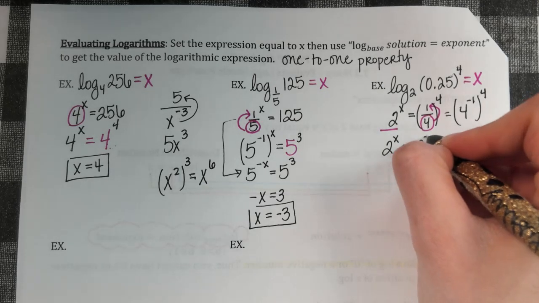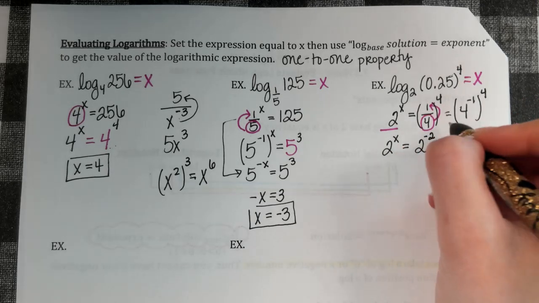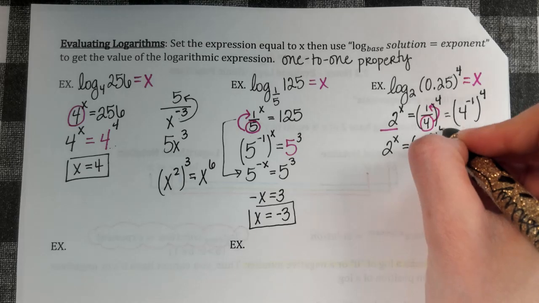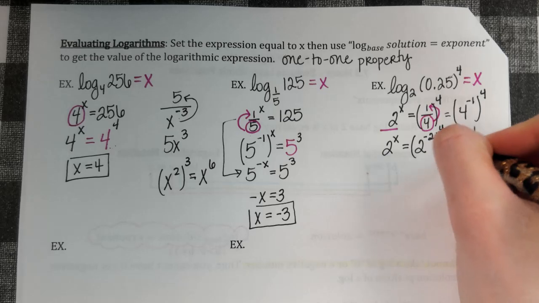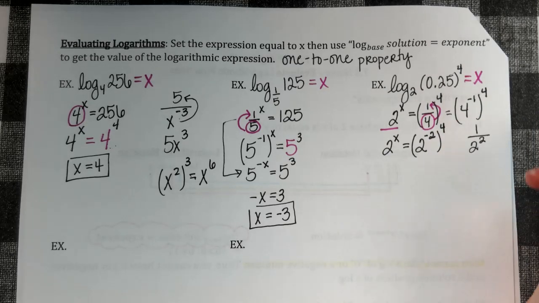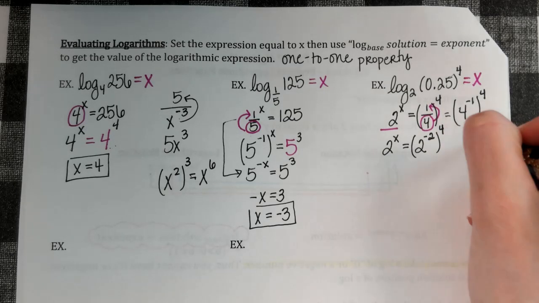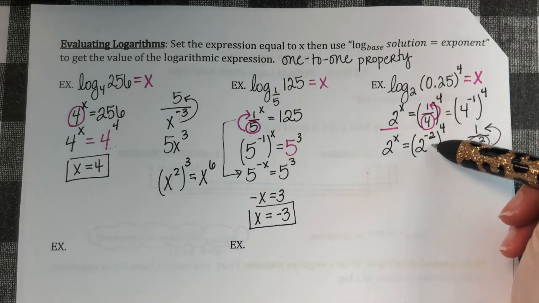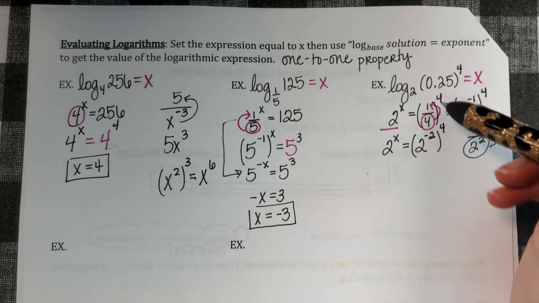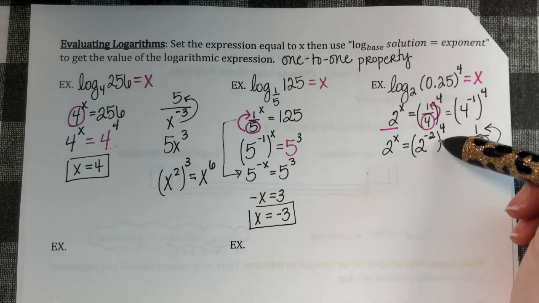So this is 2 to the negative 2 raised to the 4th power. Right? Because 1/4 is 1 over 2 squared, yes? Because 4 is 2 squared. You take that and you move it up. That's 2 to the negative 2. Then you have your outside 4 from my original problem.